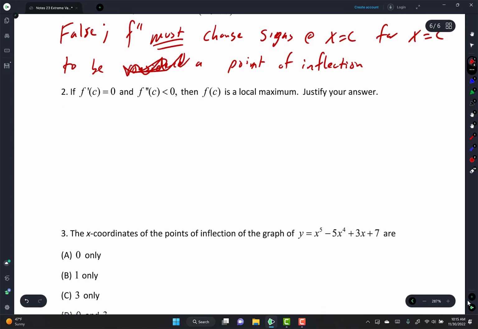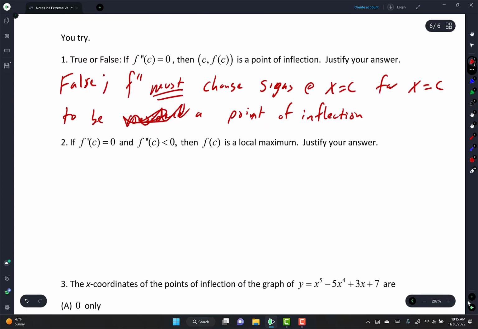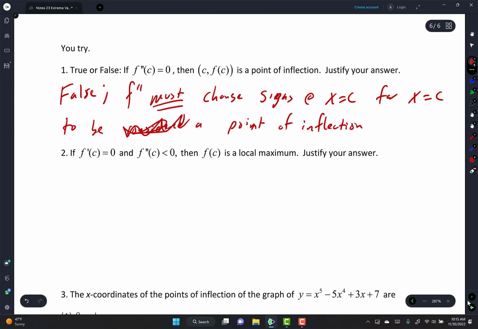All right. Quick question. Yes. If this is the point of inflection, and it's changing signs, do you just skip the 0? It's possible that the second derivative could be undefined.